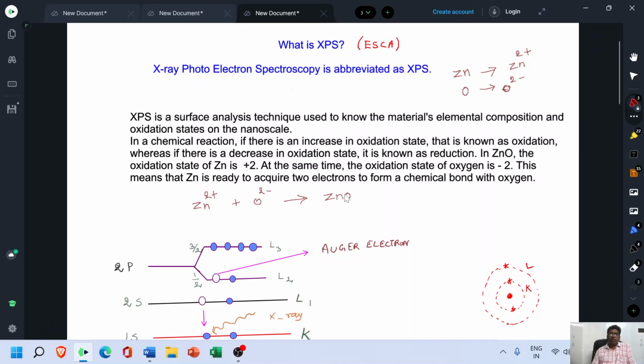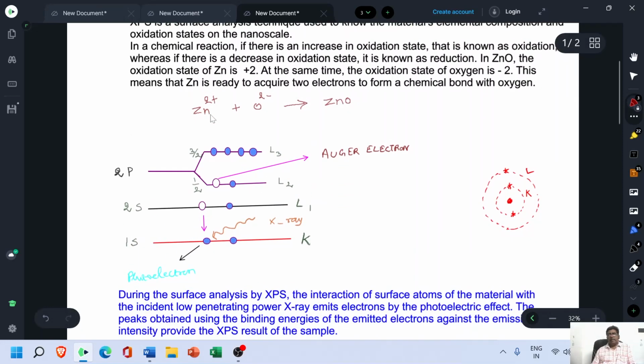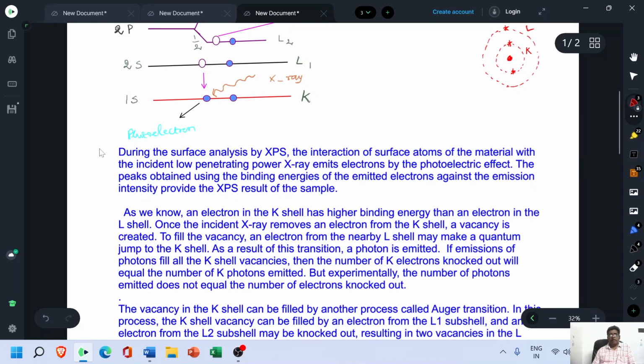Now we may go to the mechanism involved in the XPS process. During the surface analysis by XPS, the interaction of surface atoms of the material with the incident low penetrating power X-ray emits electrons by the photoelectric effect. See, the X-ray removes the electron from the K shell. This is a photoelectron.